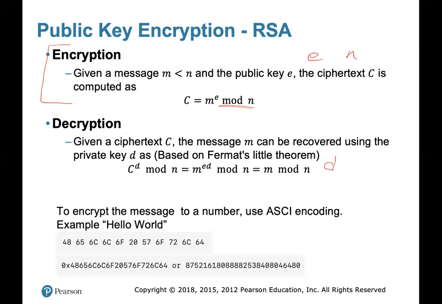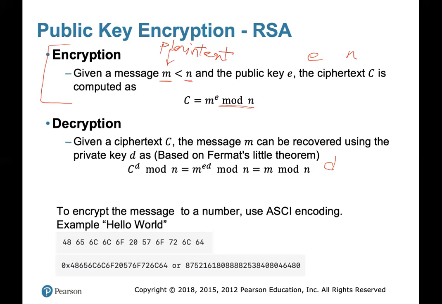Anyway, the encryption works this way. We have a message M, which we need to convert into a number. This is our plain text. Our plain text should be smaller than n, which is a multiplication of the two prime numbers.